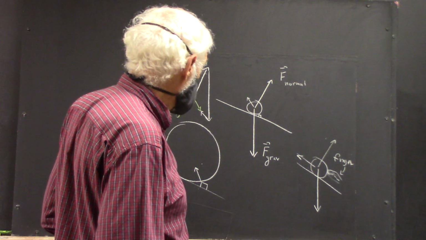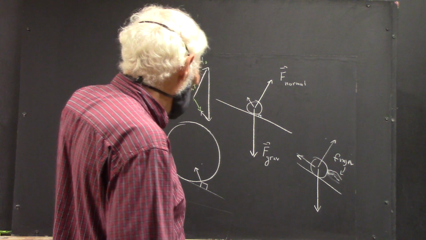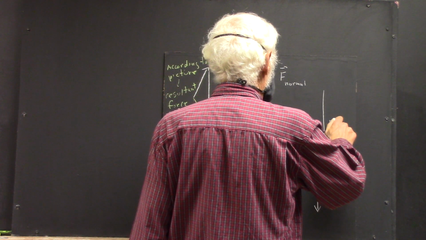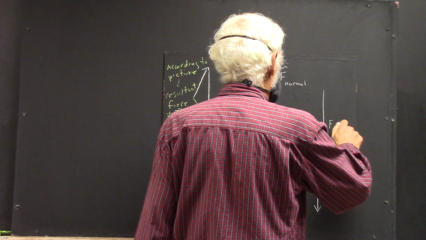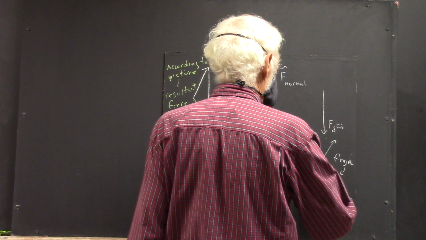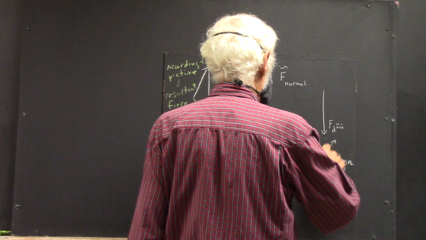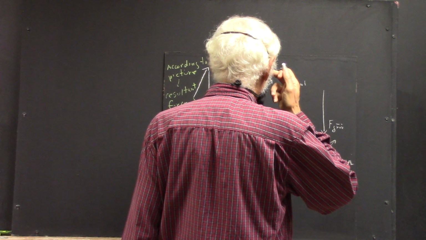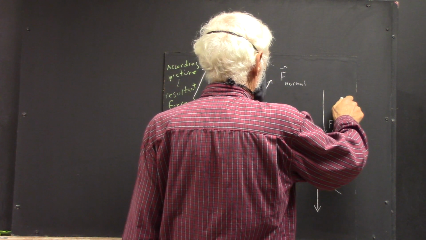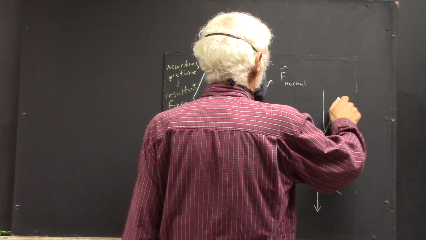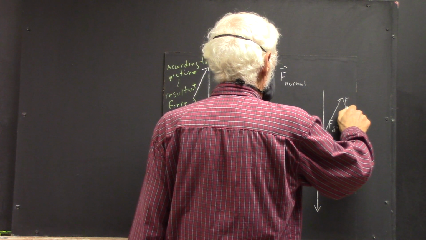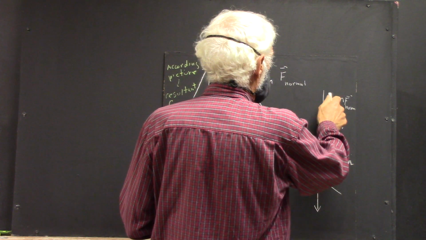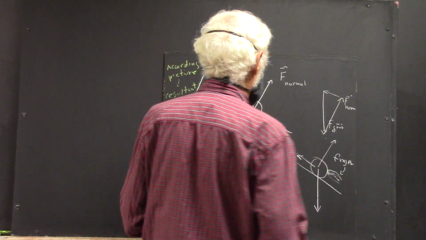I could modify it. I could say, well, okay, if I know the gravitational force here, and I know the normal force, then this has to be that third force.